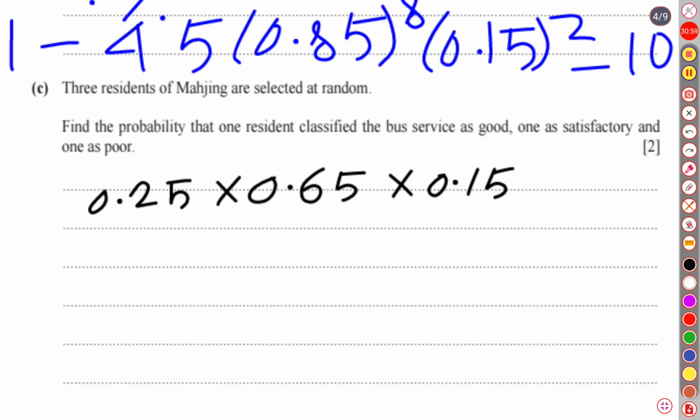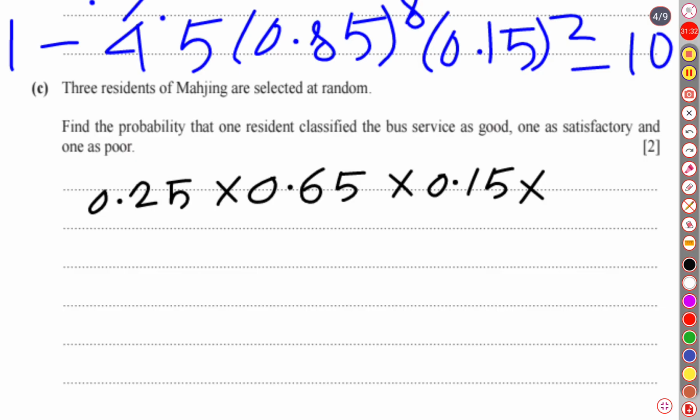Okay, now there is only one confusion. Look at this, we don't know whether the first person told that it is good, or the second person told that it is satisfactory, or the third person classified that as poor. There may be vice versa, that means everyone can change their position. So we'll have to make an order, an arrangement is required.